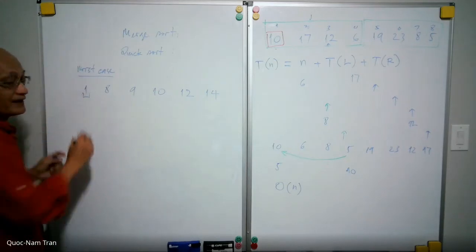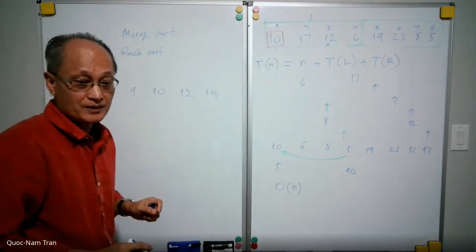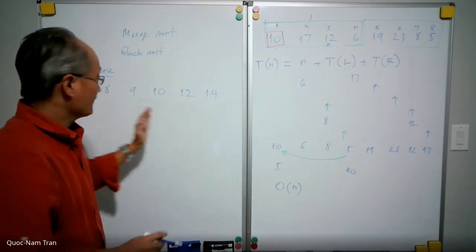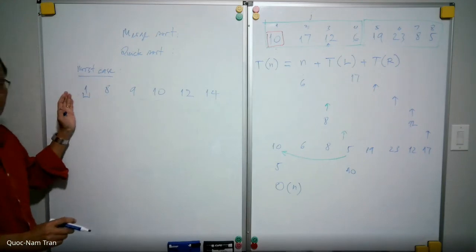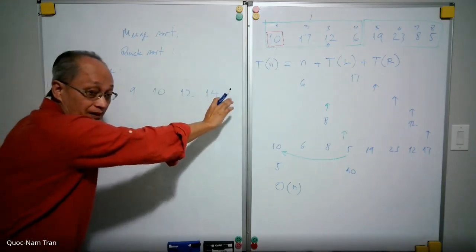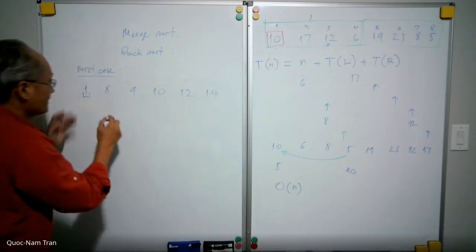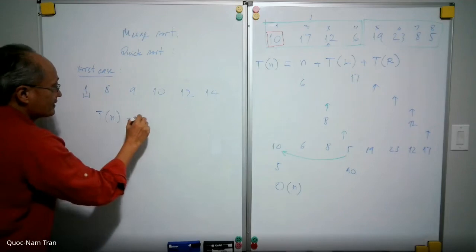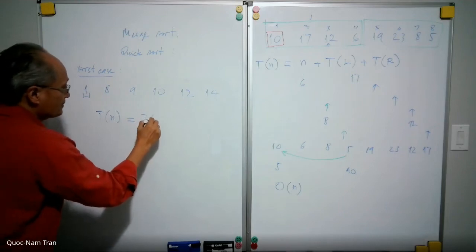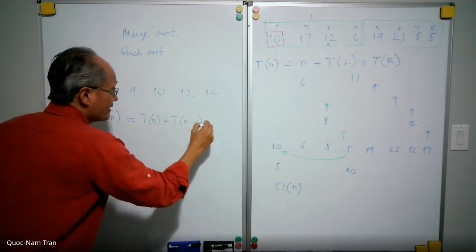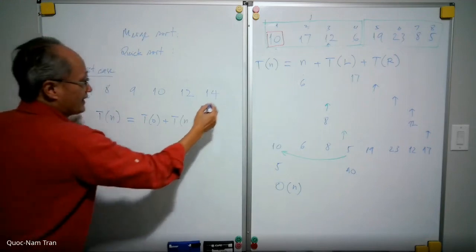This one is the smallest one. When we partition it, the left has 0 elements, the right has n minus 1. So Tn is T0 plus Tn minus 1 plus n.